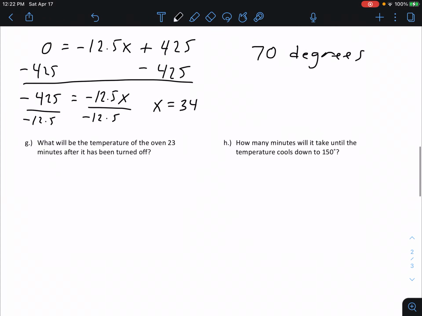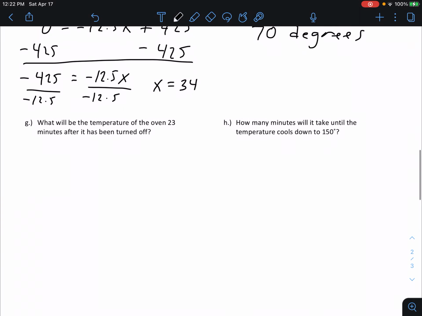Okay, a couple more questions here where we just have to substitute numbers into our equation. It says, what will be the temperature of the oven 23 minutes after it has been turned off? Okay, so 23 minutes. Remember, minutes is x, so x equals 23.